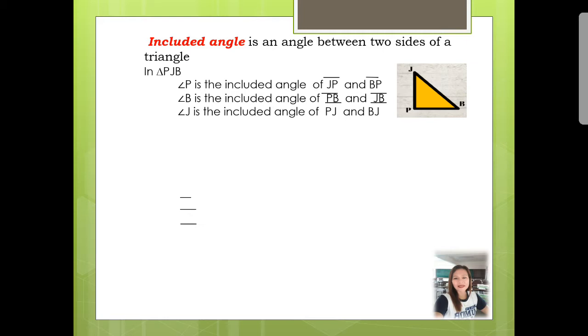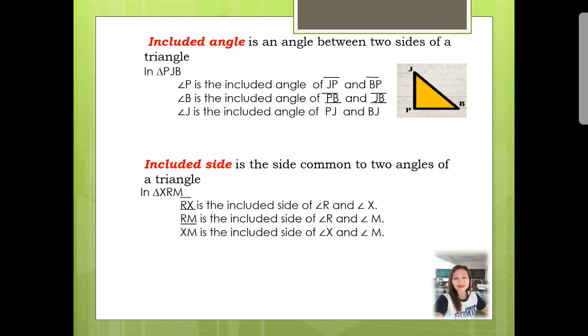How about the included side? An included side is the side common to two angles of a triangle. Example, triangle XRM.